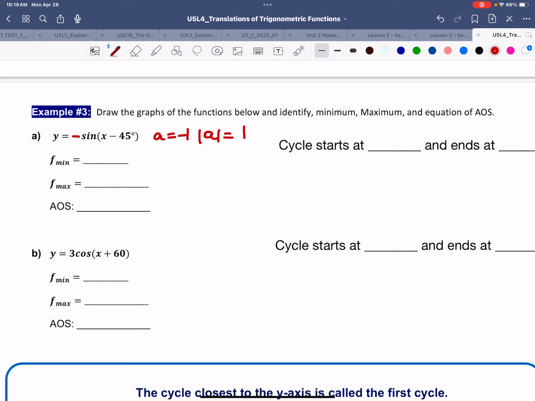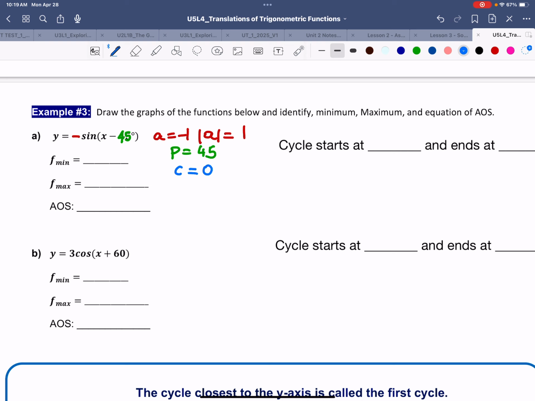And we have a horizontal translation of 45 degrees to the right, because the value of p is positive 45. We have subtracted a positive 45 from the function. And there is no vertical translation, so that means that the coefficient c is equal to 0.